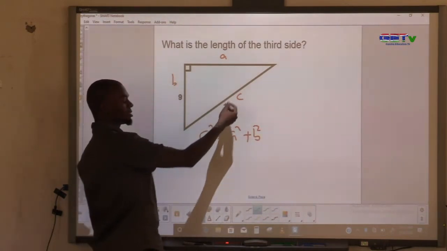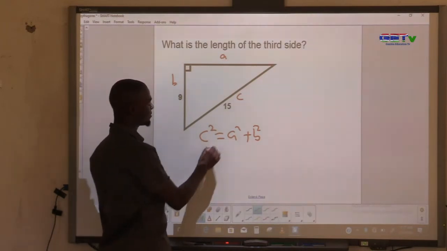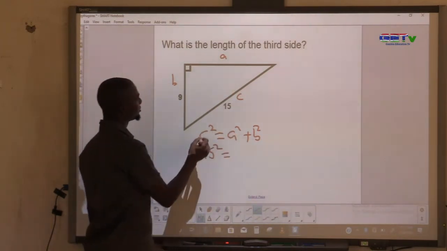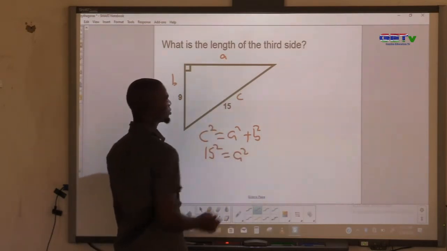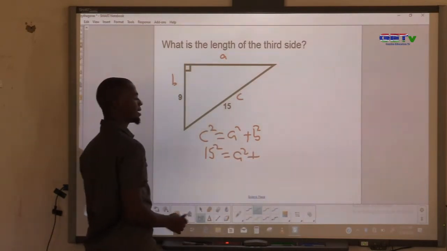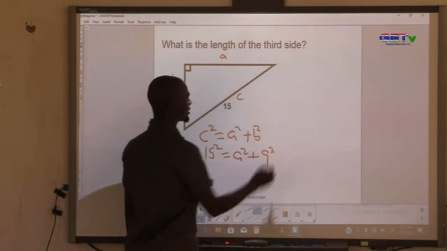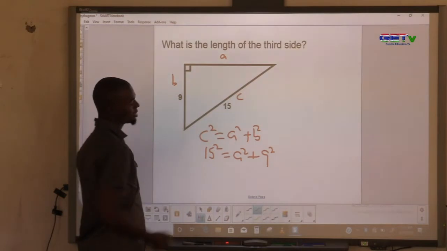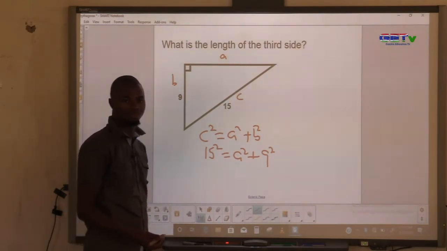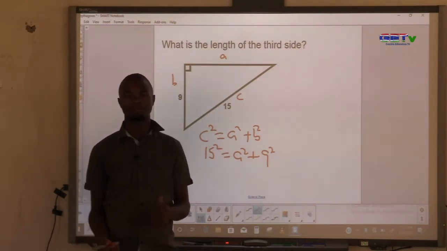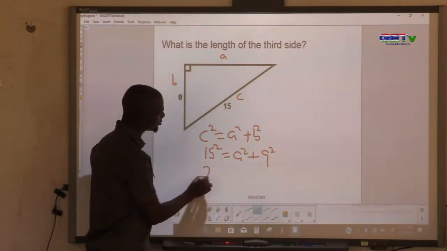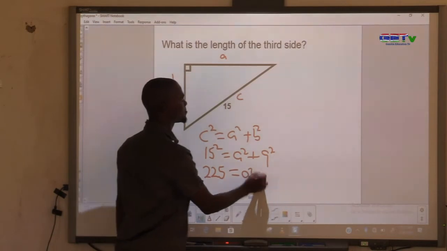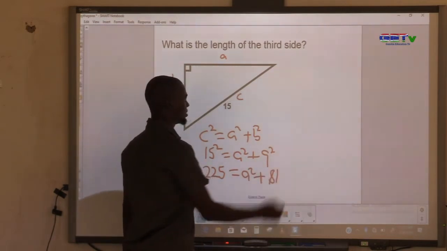C is 15. So we will have 15 square is equals to A square, we don't know A, plus B square, B is 9, so that's 9 square. 15 square is 225. So you'll have 225 is equals to A square plus 9 square, which is 81.